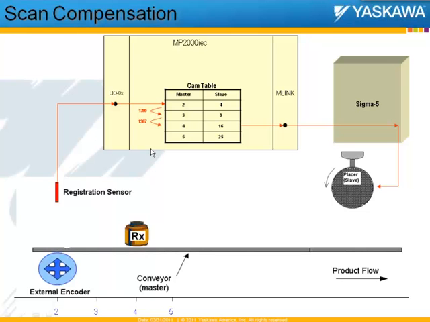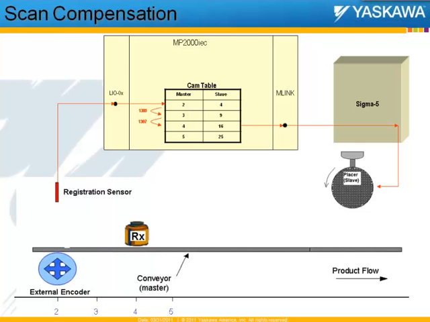With Yaskawa's experience in registration-based motion, and with our experience with our hardware, we have set 1305 and 1307 to defaults of 2 Mechatrolink scans in the application. So if you're using an external encoder as a master in synchronized motion, either camming or gearing, you are going to see compensation of 2 Mechatrolink scans for 1305 and 2 Mechatrolink scans for 1307 by default.